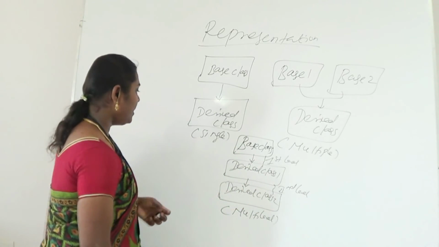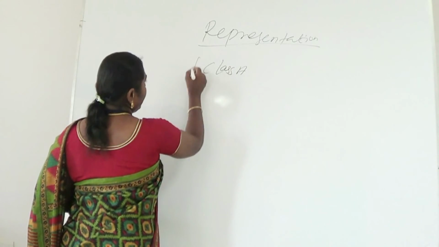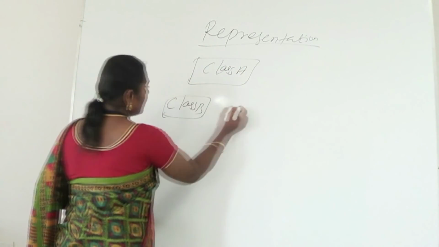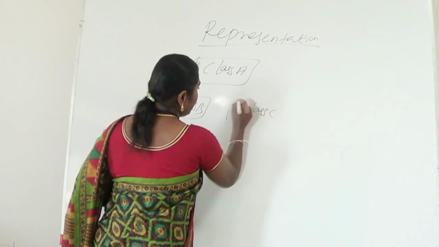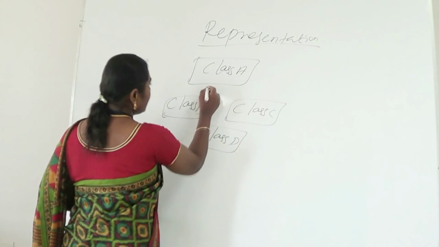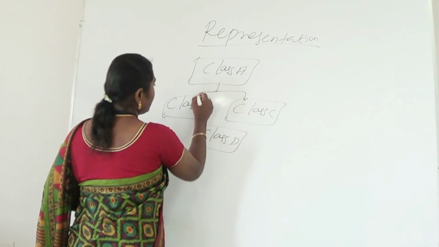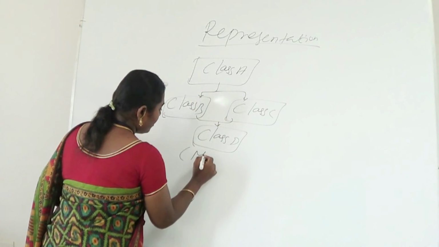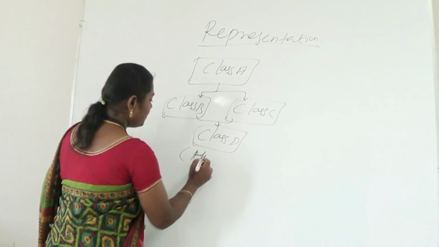And hybrid inheritance: Class A, Class B, Class C, then Class D. So this is an example or representation of hybrid inheritance.